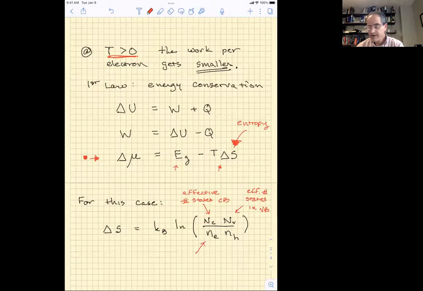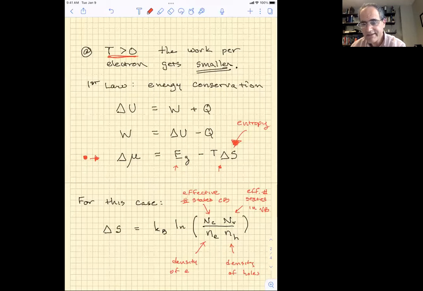Here, N sub E is the density of electrons in the N-type material, and N sub H is the density of holes. So these are numbers per unit volume in the denominator, and also number per unit volume in the numerator. So it's the effective number of states per cubic meter.